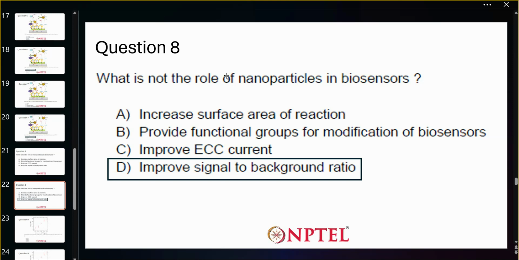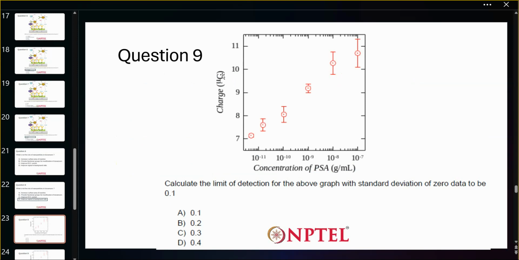If you just put a secondary antibody labeled with a gold nanoparticle, that will not improve the signal to background ratio. You have to design a redox reaction around it so that you can actually improve the signal to background ratio of a biosensor. That is the understanding behind this question.